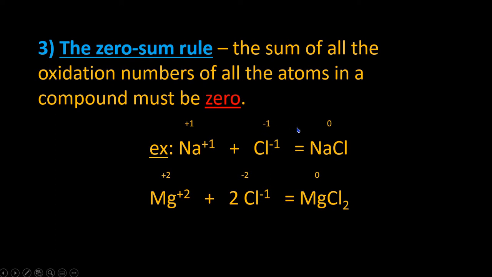So if you're talking about sodium over here, and chlorine, which combine together to make table salt, sodium chloride, you have to have the overall oxidation number, once they're combined, be a 0. Okay? We know from other rules that you're about to learn about that sodium has a +1, chlorine has a -1, and hopefully your math will add those together and get you a 0.